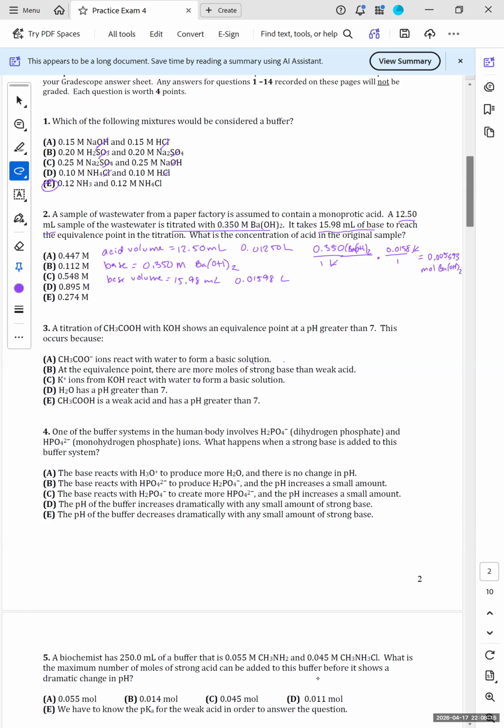Now I have my moles of Ba(OH)2, and then I need to convert that using my stoichiometry. This is a bit important: this gives you two OHs, not one. So just make sure that you're paying attention to your stoichiometry here.